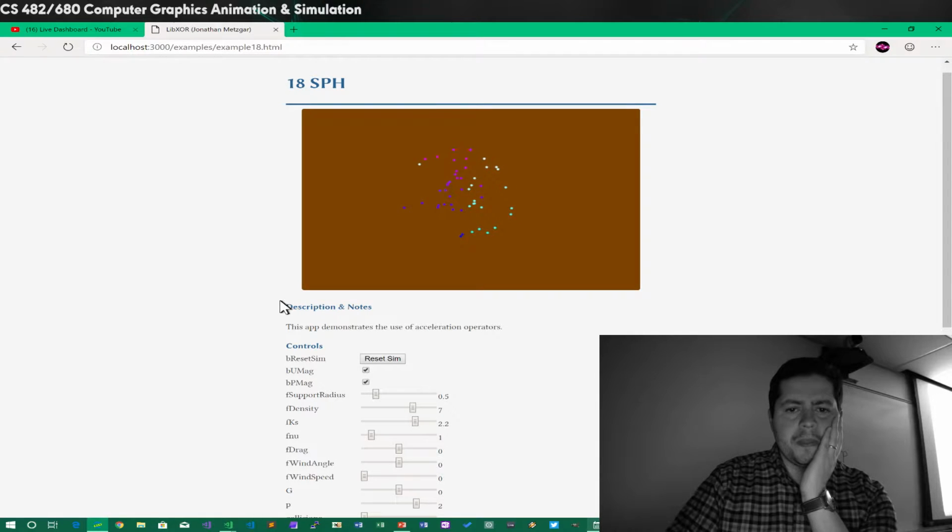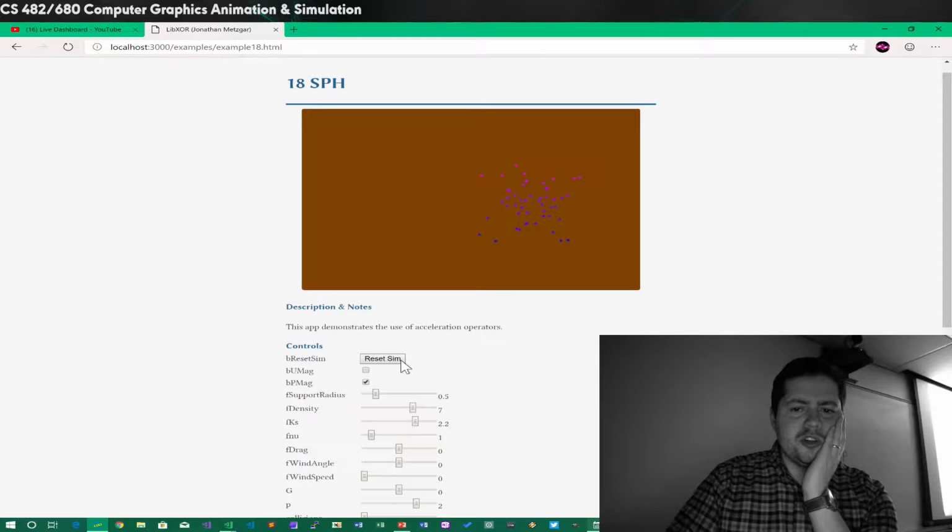What does cyan mean again? So cyan means maximum velocity. So if we turn off pressure, now that's acting weird, I think. So they're not conserving energy. I can guarantee that.